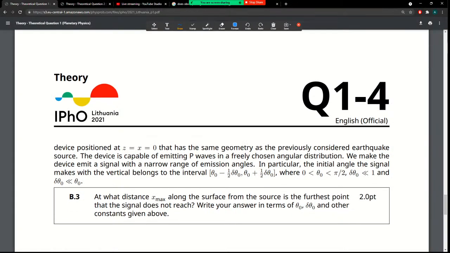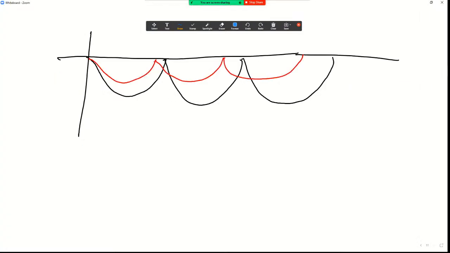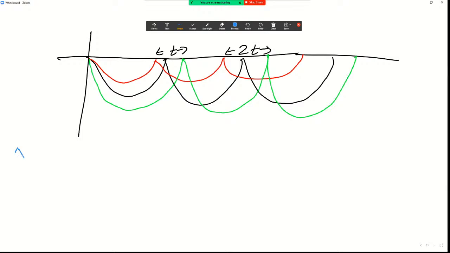For this, I can do this one, this will be red and this will be green. So this is T, this is 2T, this is 3T.